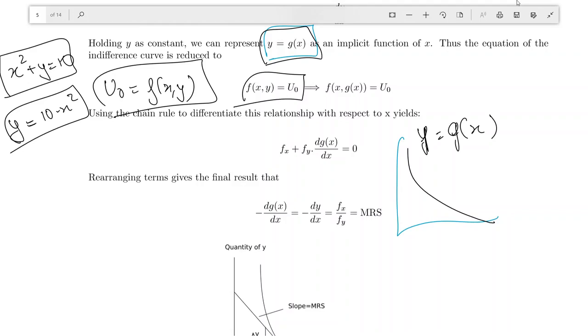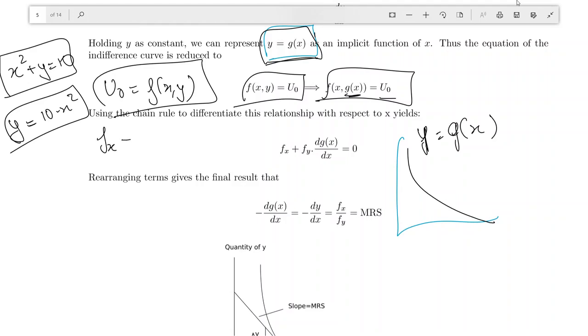So let's say this was the equation in implicit form. So you can write y equals g of x. So I can write this f of x comma y as f of x comma g of x, which is equal to u naught. Now I differentiate this entire thing with respect to x. So using chain rule, I differentiate f with respect to x.